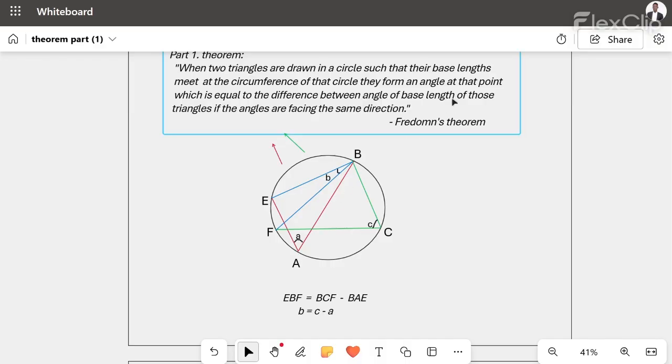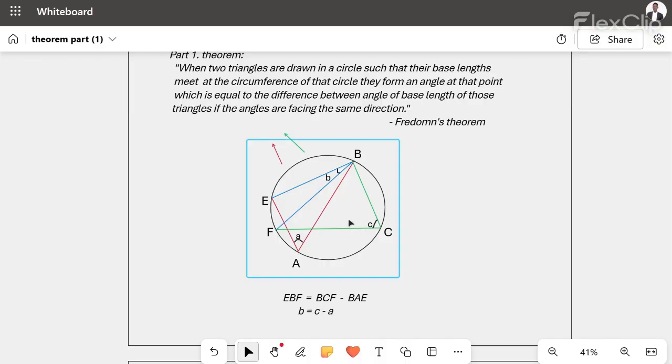And this theorem is trying to tell us that when you draw two triangles in a circle, in a case like this, the difference between angle C and angle A is equal to angle B. That is all the theorem is trying to tell us.